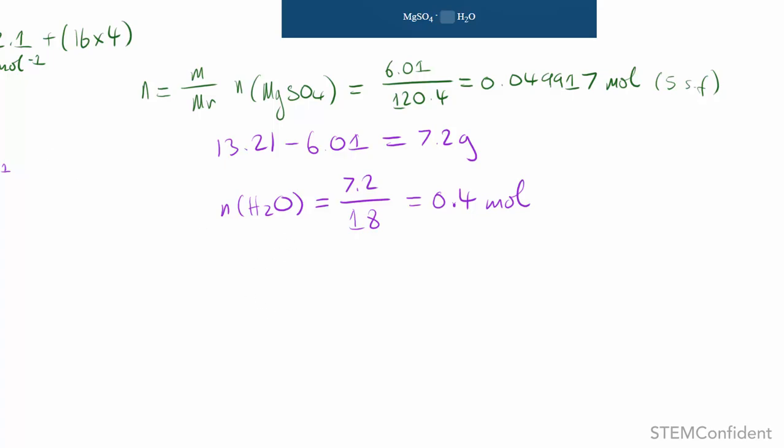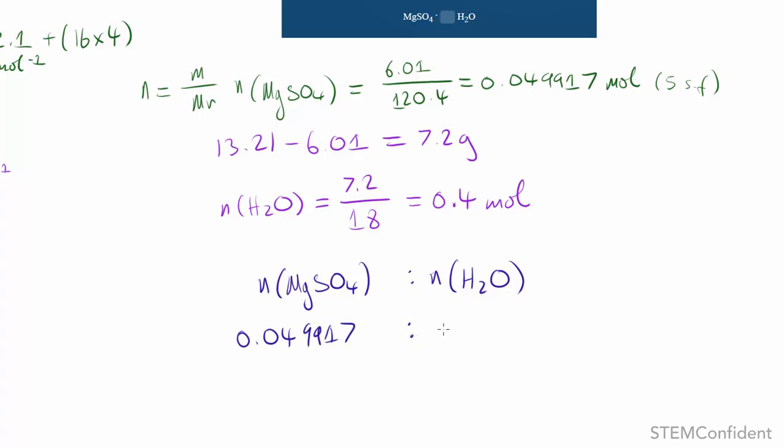I'm going to set up a ratio of the number of moles of MgSO₄ to the number of moles of H2O, which is 0.04917 as a ratio with 0.4.